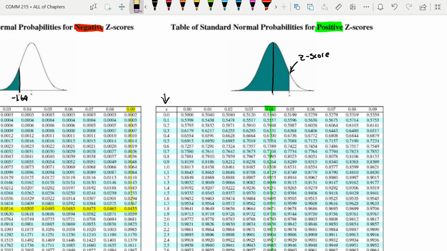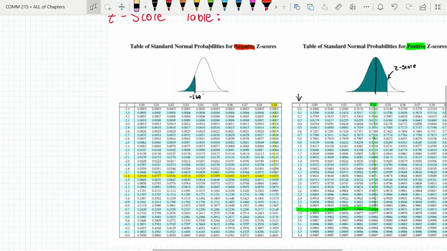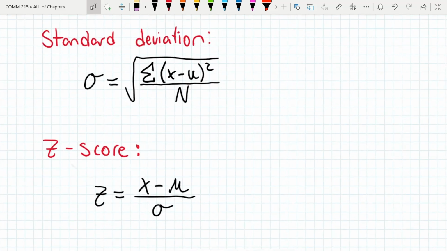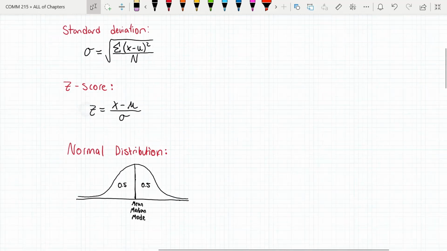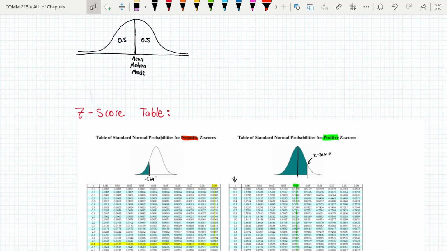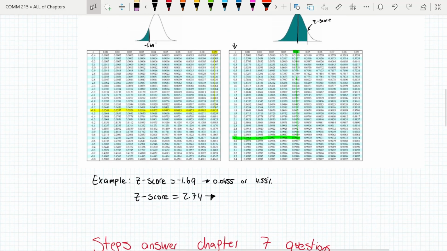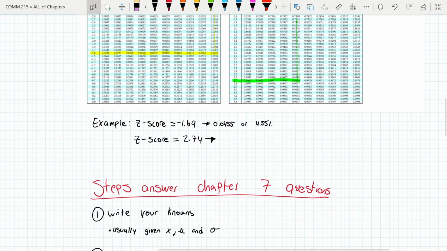If the question uses the word lower, that means you want to find the area to the left of that number. So that number would be replaced as X, and then you find your z-score according to that, and then you find the probability to the left, and that would represent the probability of people getting a score under that.